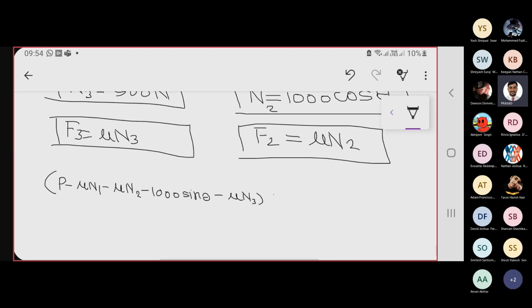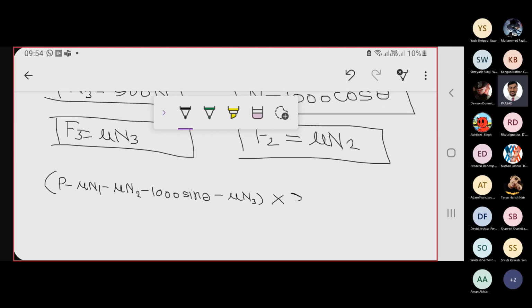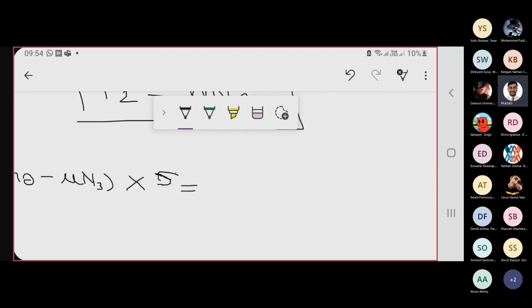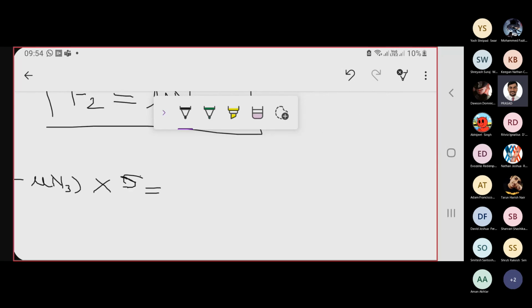These are all the forces acting on the body along the direction, into displacement or distance S, is equal to m1 plus m2 plus m3, the weight of all bodies, divided by 2, into v square minus u square.